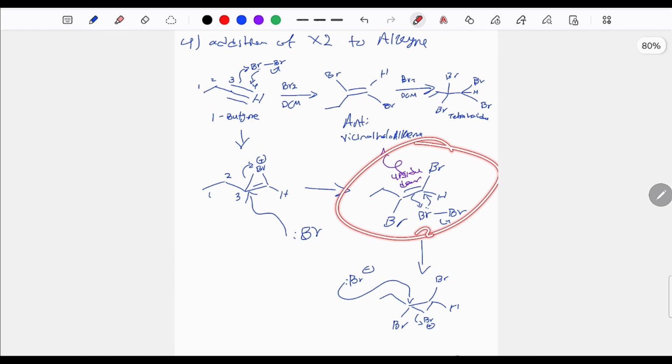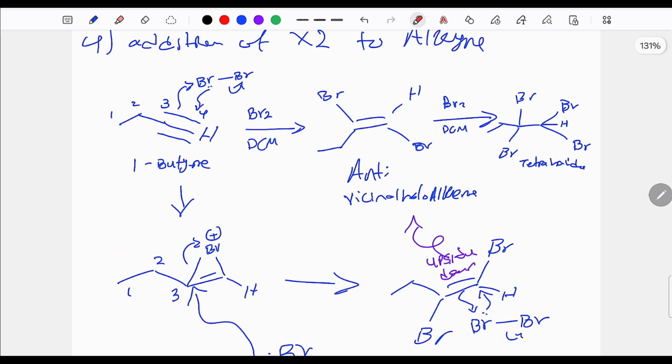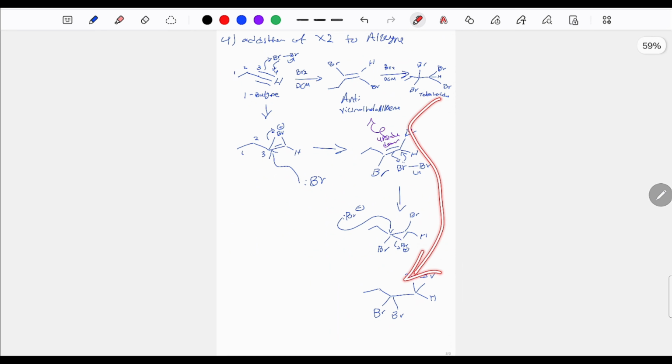Essentially just flip this upside down to the other side, and you get this. The reason this works is because this is a planar molecule, because it's sp2 hybridized. So amazing. Now, the tetrahalide is the same. I've just redrawn it here. So yeah, there you go.